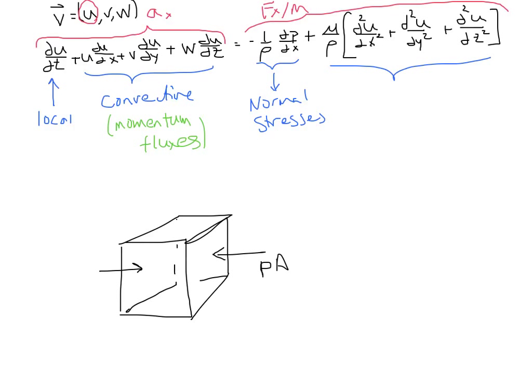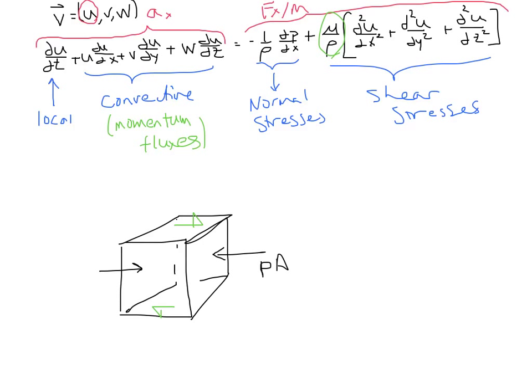The last three terms here are the shear stresses. And the shear stresses in this result are due to the viscous dependence, and that's where the viscosity arises from, the mu over rho factor. Now the shear stresses in our sketch would be acting on the top and the bottom, for example.